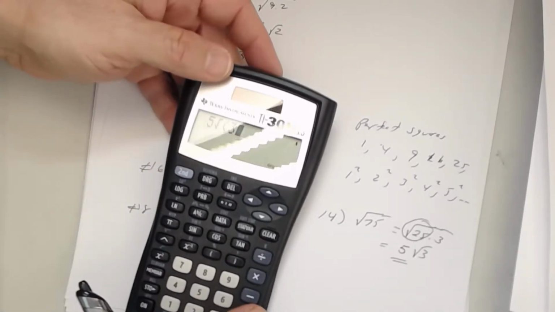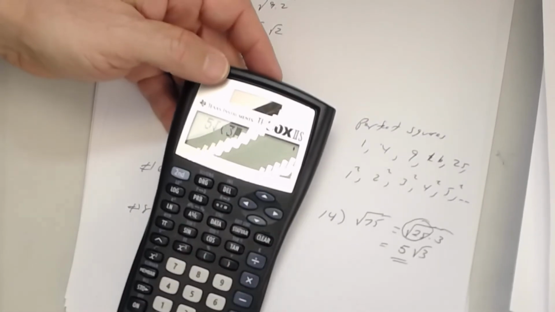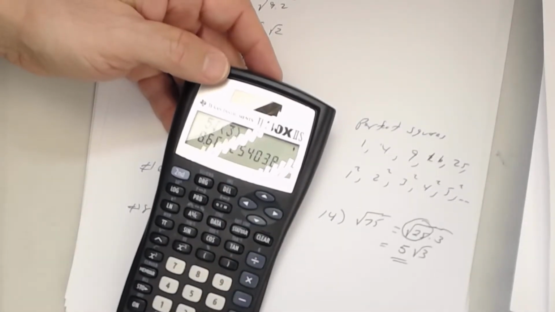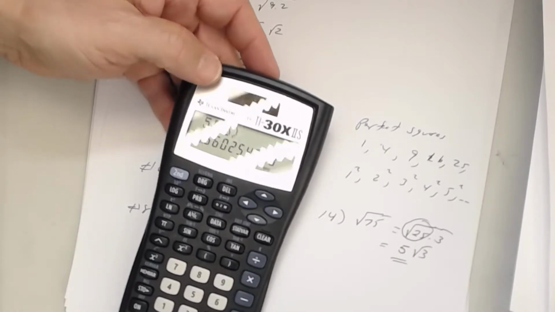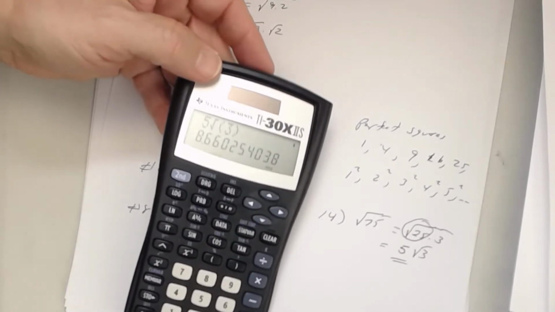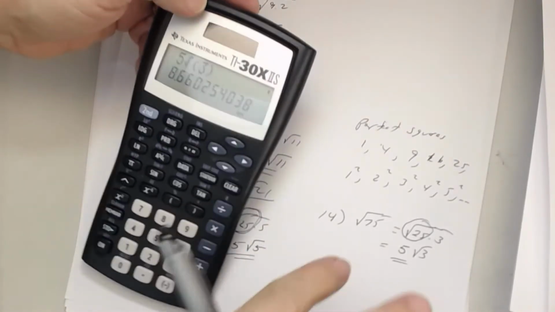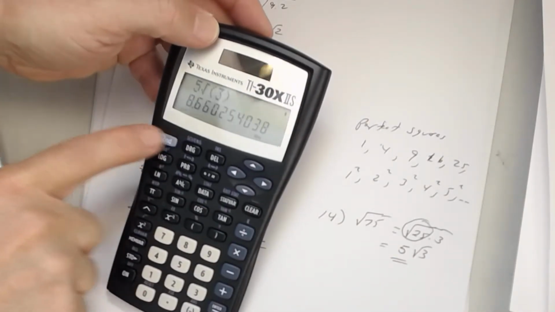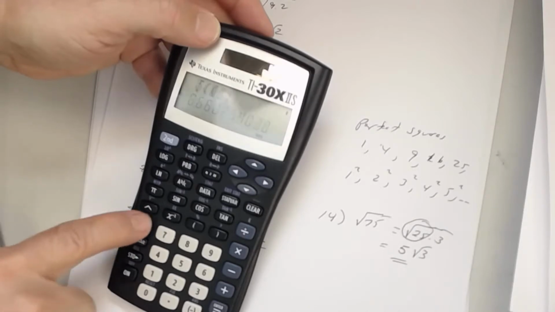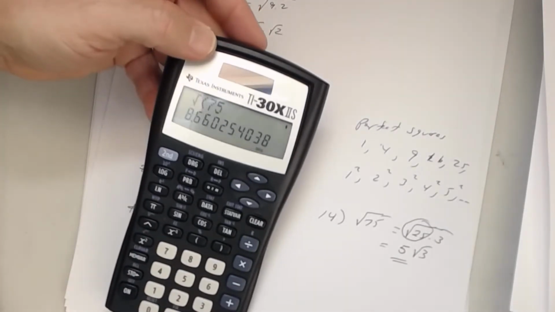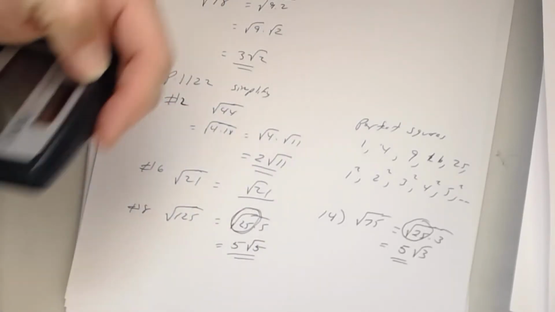You don't need parentheses, although it automatically puts parentheses, so you just close it. And there's your decimal, right? You all agree? So you got to remember that. It's 8.660, let's say. Let's do the square root of 75. Press equal. You get the same thing, right? Okay. So you can always check it like that.